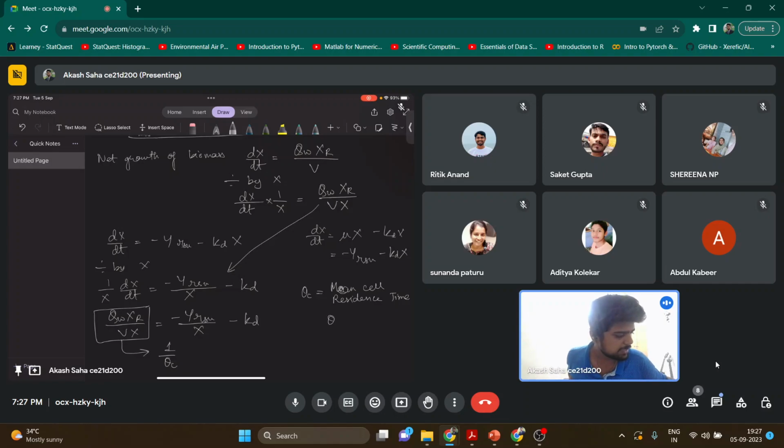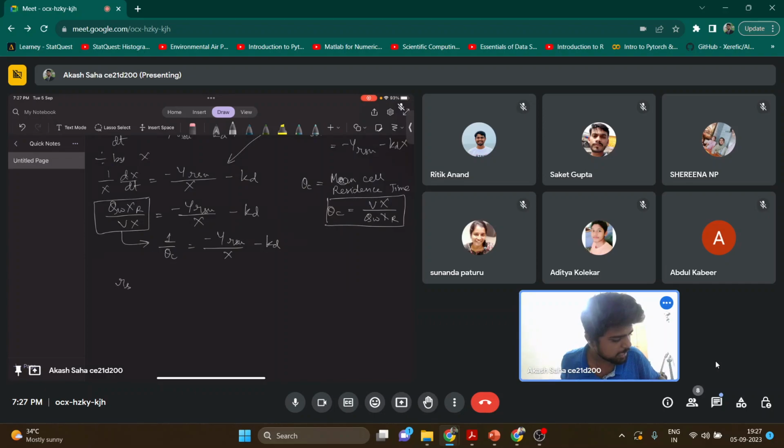Theta c is equal to VX by Qw into Xr. This term indicates for how many days my biomass is present in the system. So 1 by theta c equals Y rsu by X minus kd.